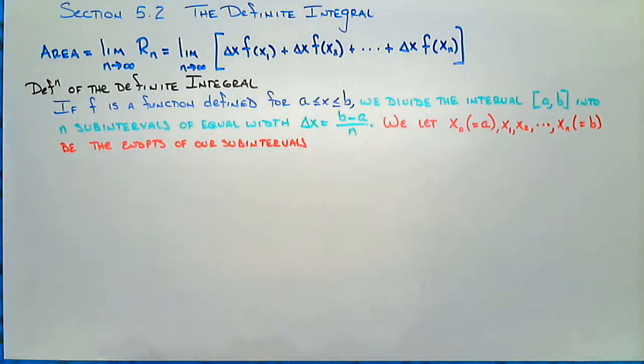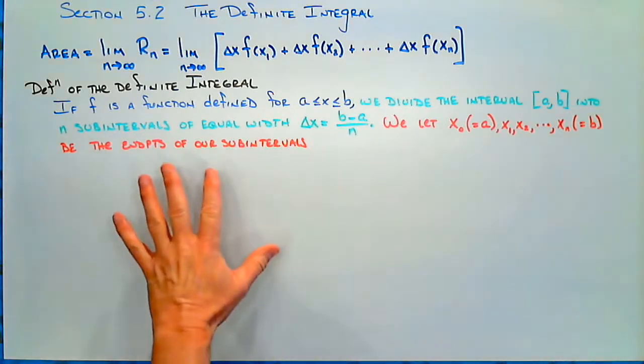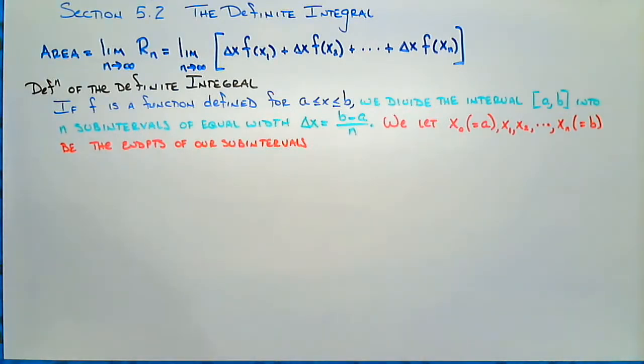Right. So at this point, perhaps we should make a little sketch. I'm going to add a sketch down here just so we can tie into what's being told to us in this definition. So what do we have? We have an interval that starts at A and ends at B. Right?